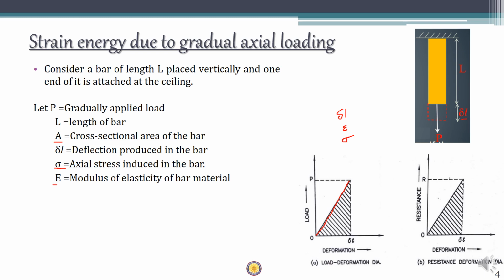This stress integrated over the entire area will give a resistance. If we plot the resistance versus deformation graph also, we can see that the resistance increases gradually as the deformation increases from 0 to R. So what was sigma? Sigma is nothing but R by area.